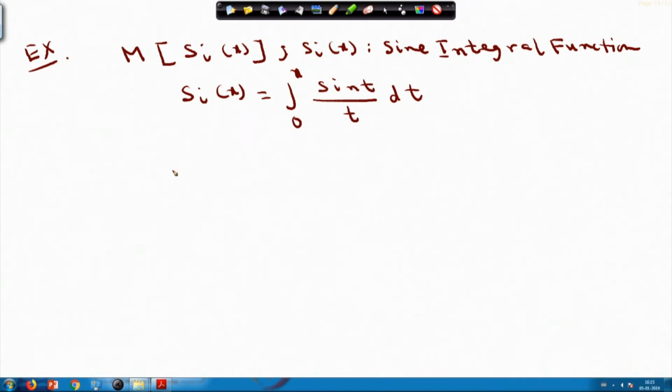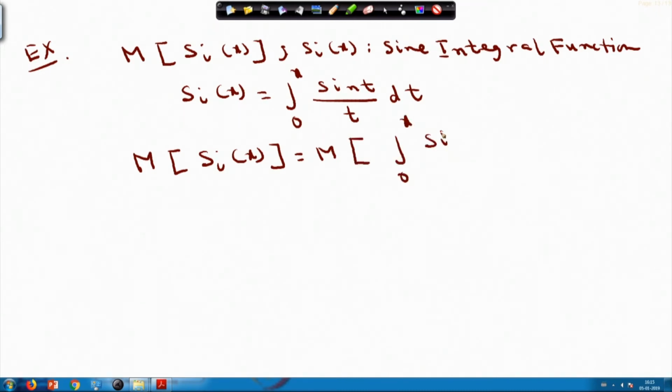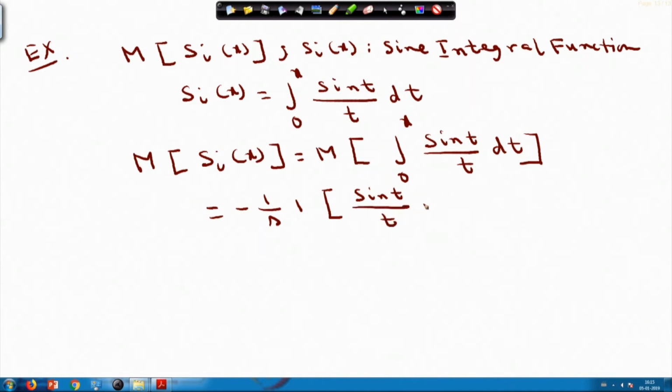So, once we do this, the Mellin transform of Si x equals the Mellin transform of the integral from 0 to x of sin t by t dt. I am just putting the value of Si x, and this equals, using the Mellin transform on integrals, minus 1 by s times the Mellin transform of sin t by t with the parameter s plus 1.